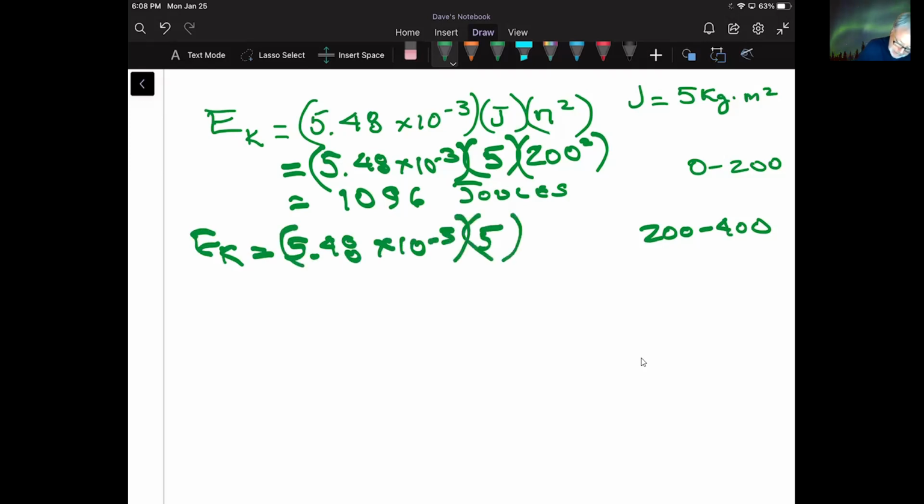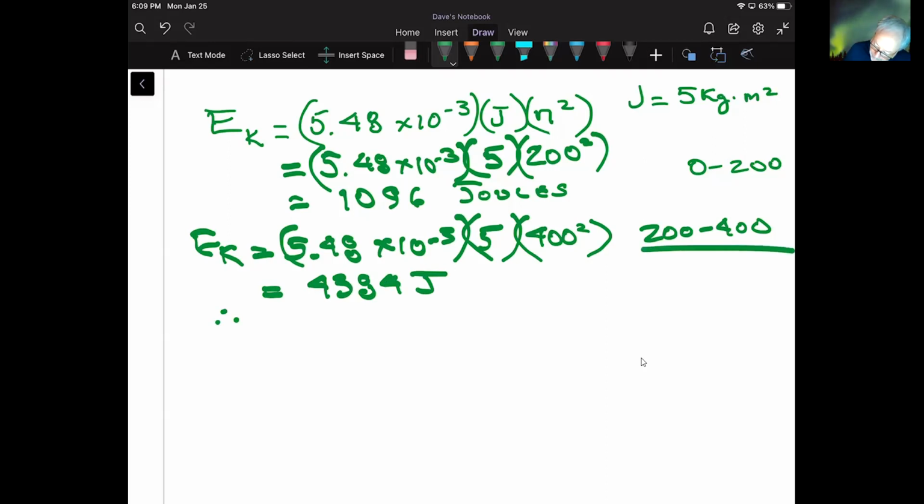That is characteristic of the problem. I guess we could use some more complicated math and get there differently, but I think this makes more sense. So I'm going to calculate it for 400 RPMs. And when I do that for 400, I get 4384 joules.